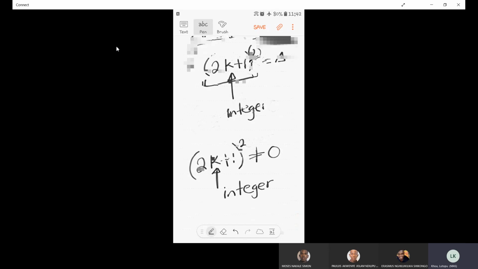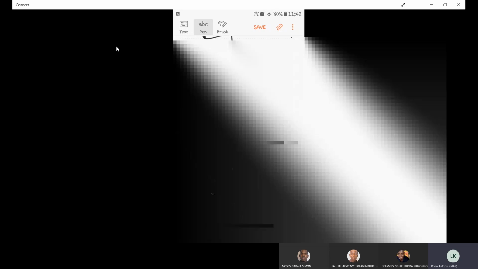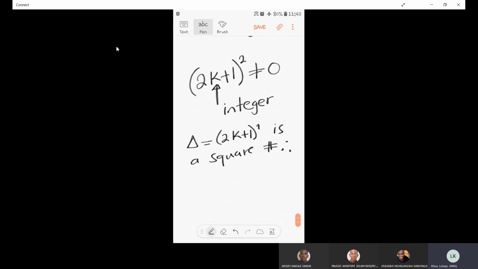So you can write that as a statement. The discriminant, which is equal to (2k+1)², is a square number. Therefore, the equation has rational roots.